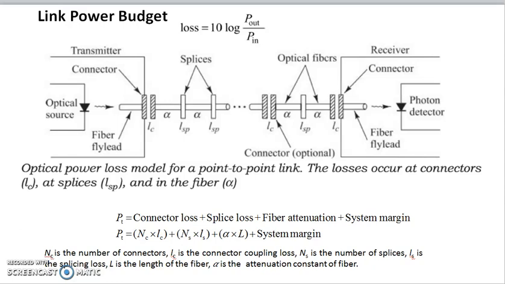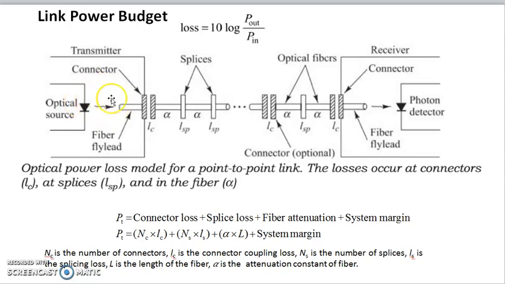Generally loss is defined in terms of input and output power, and the equation is loss equal to 10 log of P out by P in. It is in dB here. From the given source, we are supposed to send information. It is generated here.